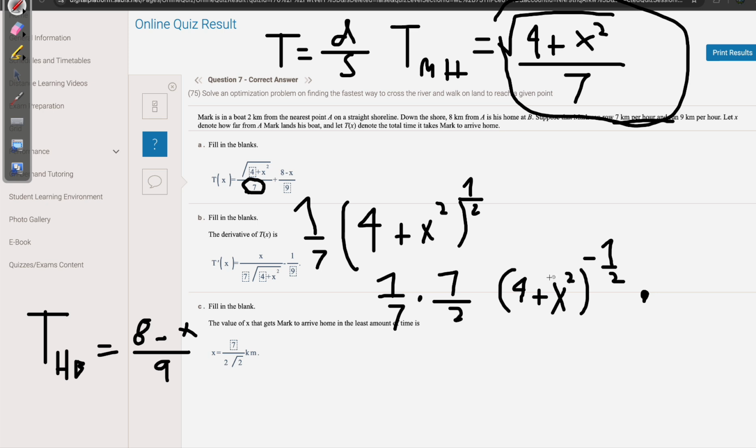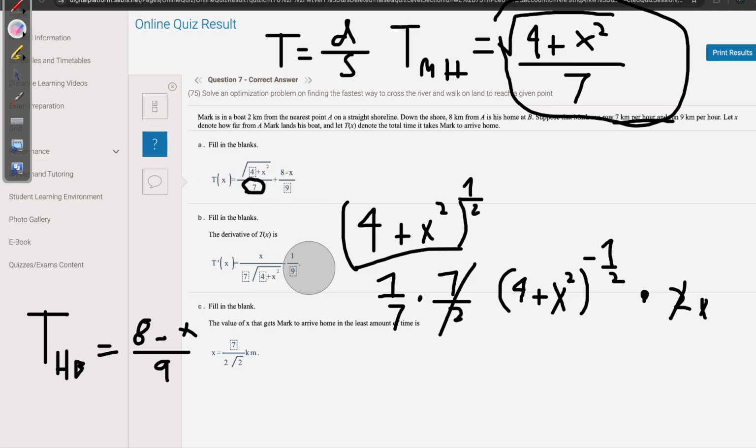So after we do the derivative of this part, we're gonna need to do the derivative of what's inside, which is 2x. So 2 and 2 cancel, 2 and 1 over 2 cancel, and then 4 plus x squared to the negative half is 1 over radical 4 plus x squared. You just take 4 plus x squared in the denominator and put a radical on it.